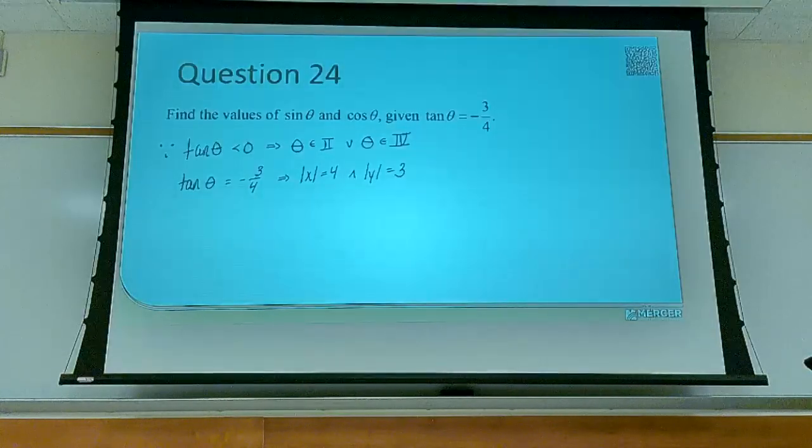So absolute value of x is 4, absolute value of y is 3. Right? X is either plus or minus 4, y is plus or minus 3. What's r then? R squared is 25. R is 5. It's a 3, 4, 5 triangle. And we know that R is positive, because R has to be positive.